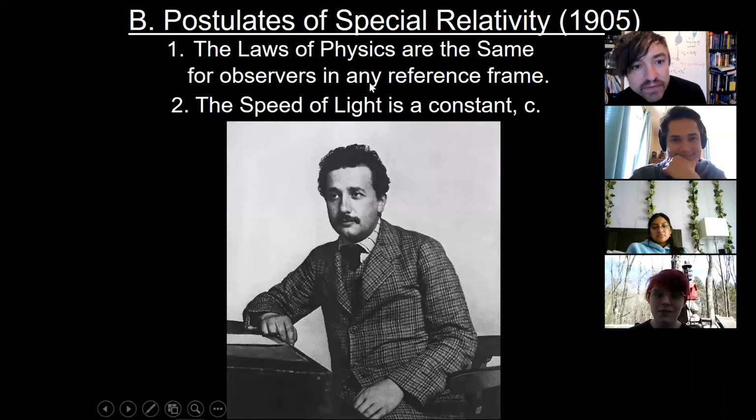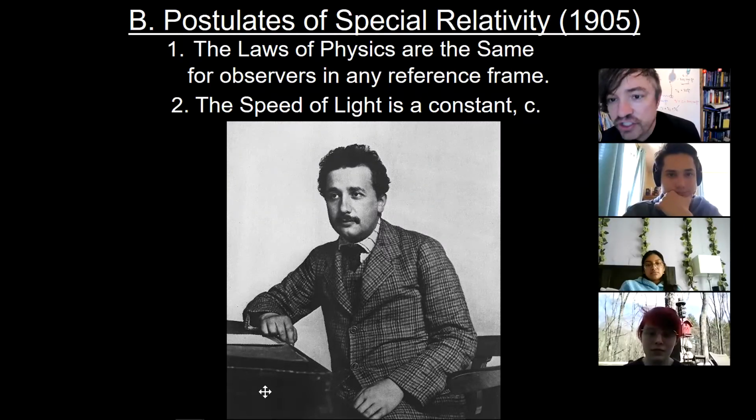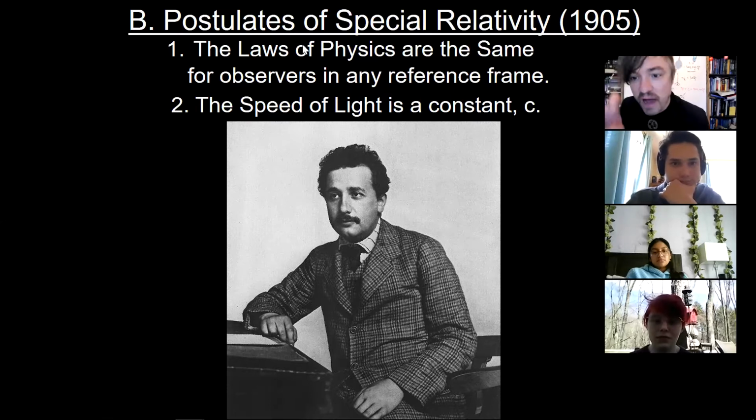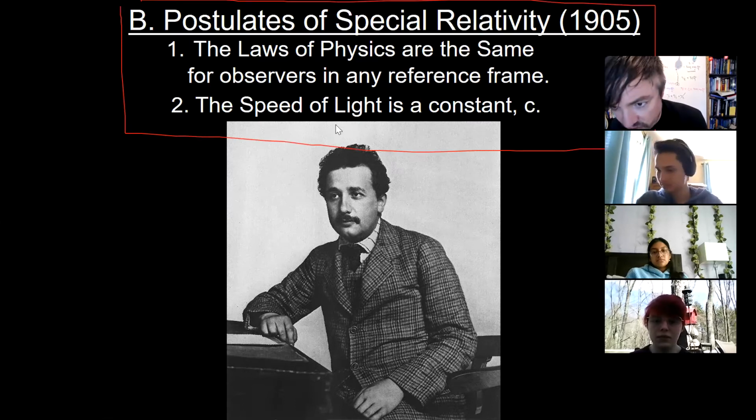In 1905, Albert Einstein proposed that the whole issue of the speed of light could be resolved if we radically reversed our thinking and just assumed that these two postulates were true and explored their consequences. And these are things that I want you to know about. They're known as the two postulates of special relativity. I'm kind of running out of time, but we're going to take them as notes.